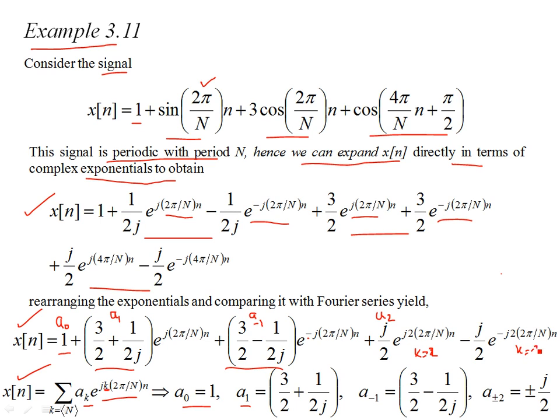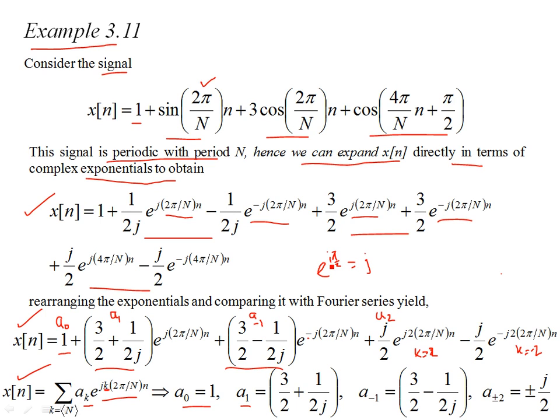You see there is another exponential that gets multiplied. If you expand the cosine in terms of exponentials, this is e^{j4πn/N}. Then there is another term e^{jπ/2}. So you know e^{jπ/2} is j, right? e^{jπ/2} is cosine π/2 plus j sine π/2. So this is j.